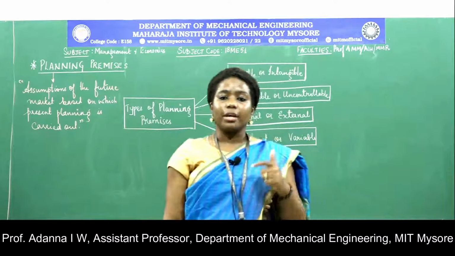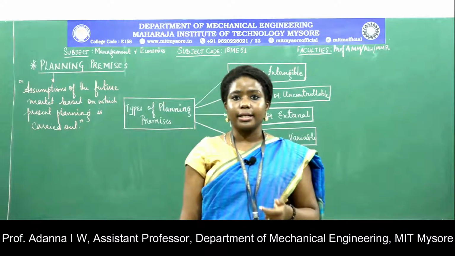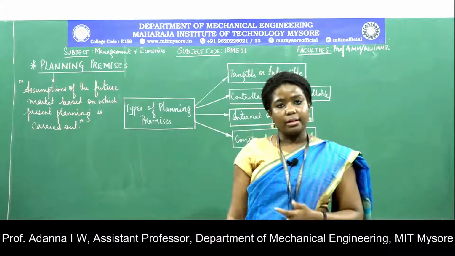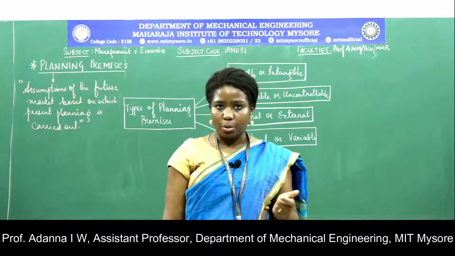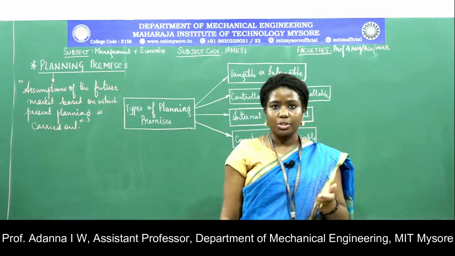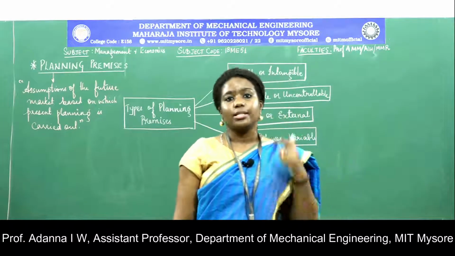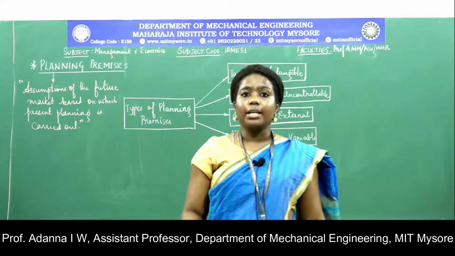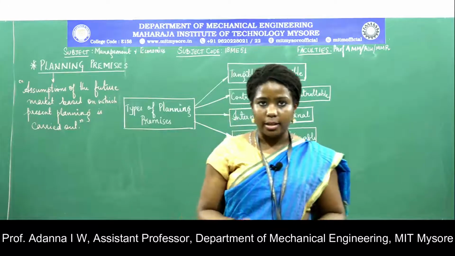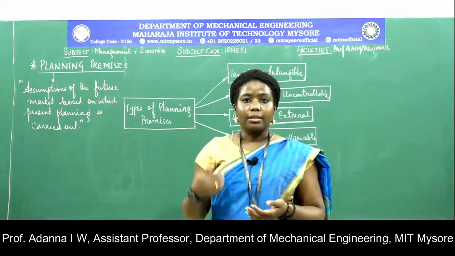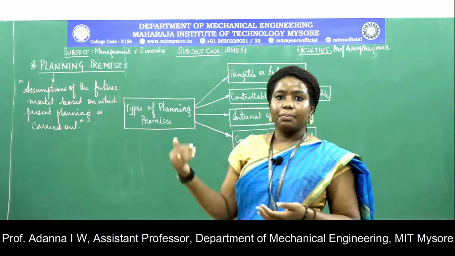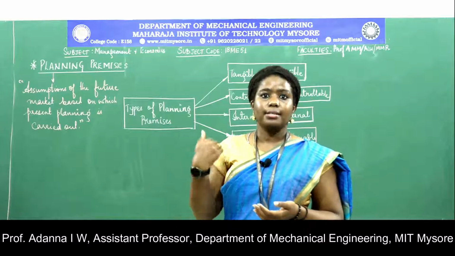These constant or variable premises are those that are, again, could be internal or external. Constant premises are those which remain unchanged throughout. I have a machine, a CNC machine. That CNC machine, as long as it is in working condition, will give me the amount of production that I require, whether I am running on a low demand or I am running on a high demand. And the variable ones are, for example, I have a worker who has a health issue.